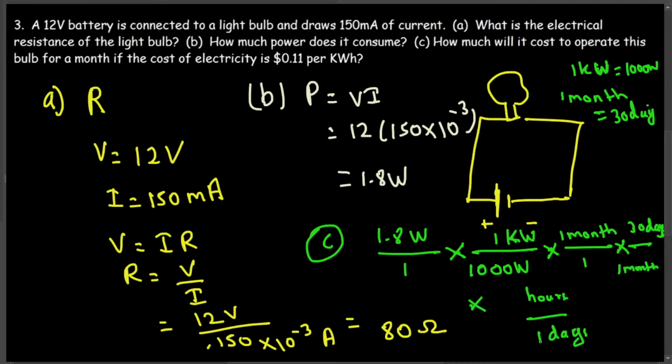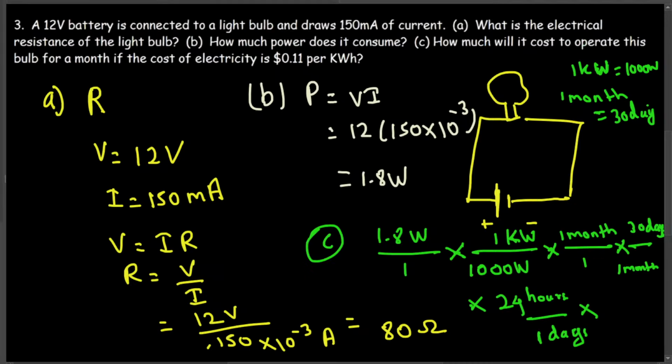So 1 day contains 24 hours. Okay, so that's a multiplication. Now we have converted this day into hours. So we have everything now. We have converted watt into kilowatt and the month into hour.